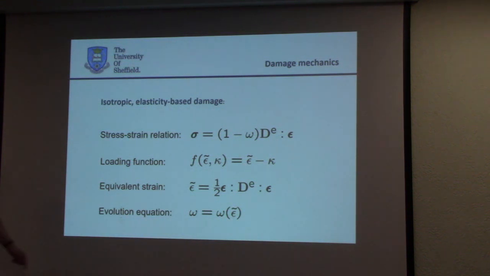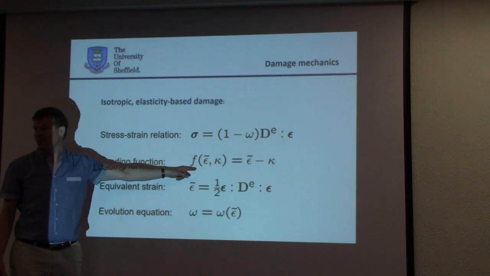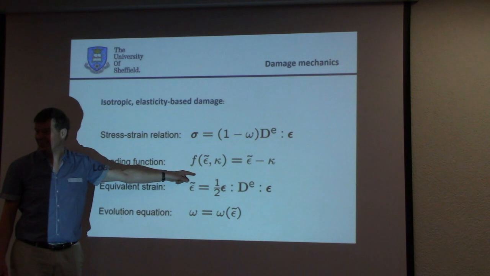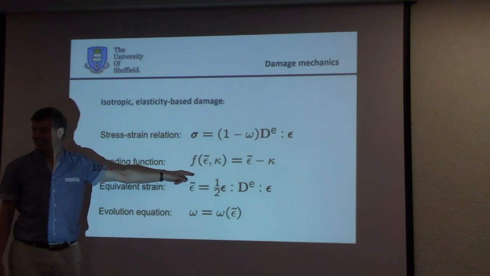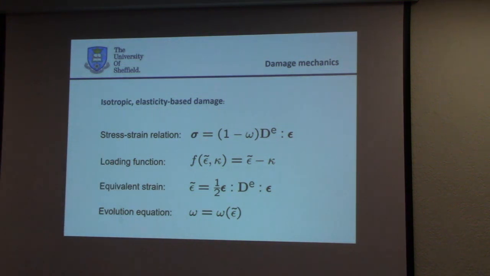For unloading, this is smaller than 0. So you don't have an equality sign here. You have an inequality, a strict inequality. So you cannot define it. Mathematically, you can do that, but you have to work with a concept which is known as subdifferentials.